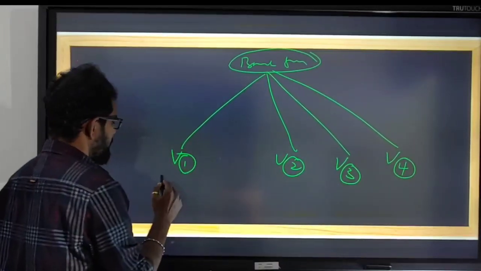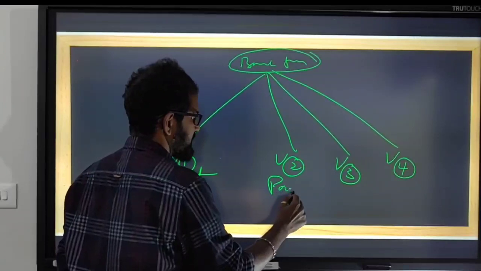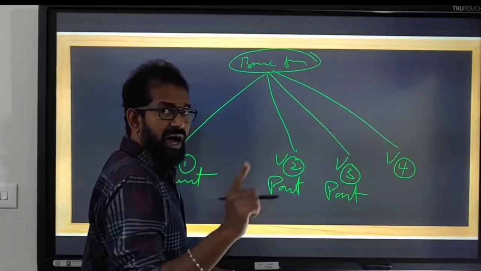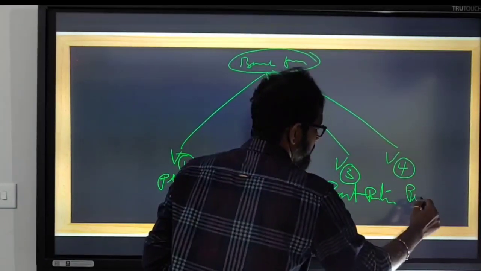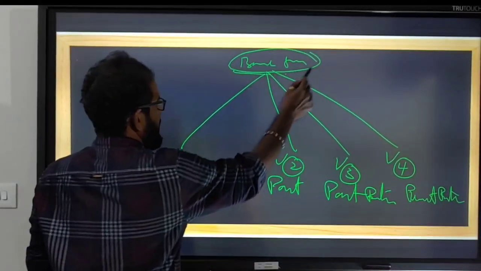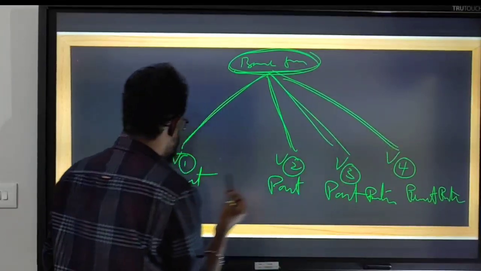V1 is present, V2 is past, V3 is past participle, and V4 is present participle. So a verb has a base form and that verb has 4 forms.